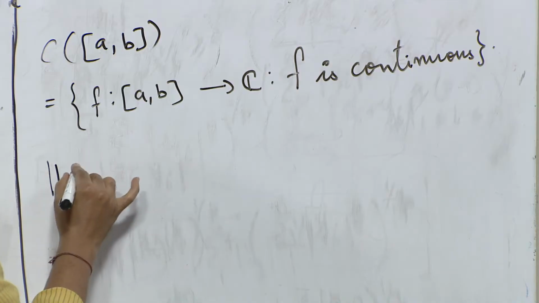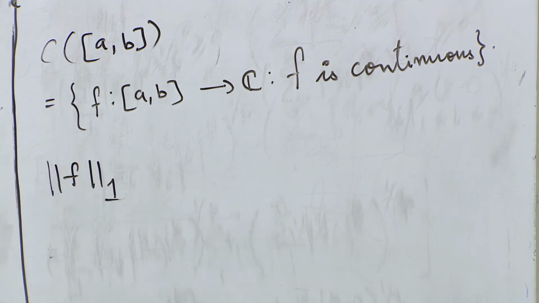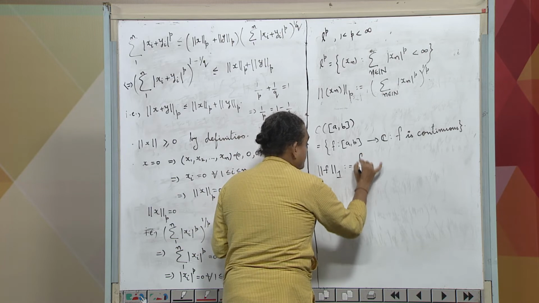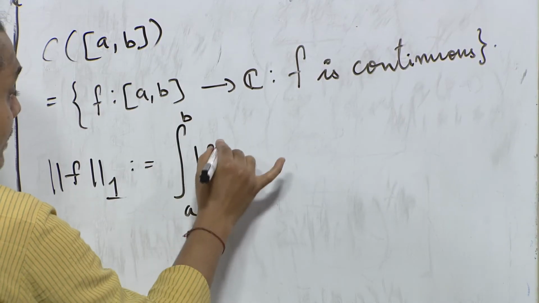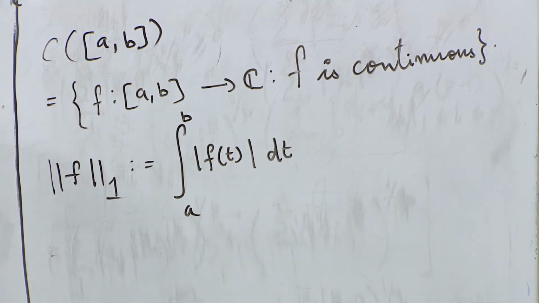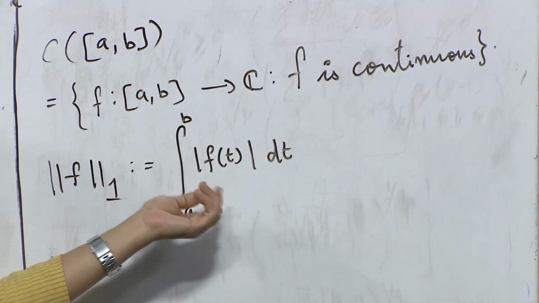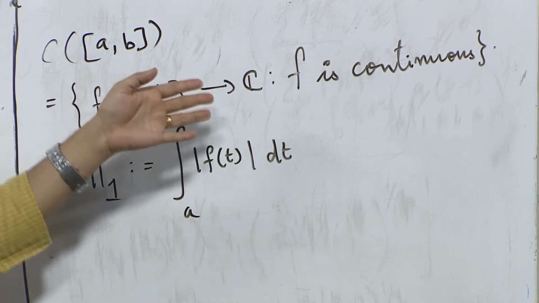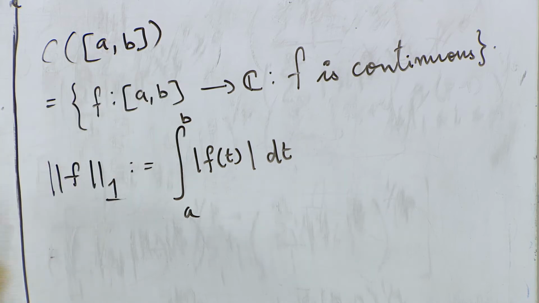Now, let me define a norm. As usual, we are going to have a whole range of norms on this space. First one is integral a to b mod f(t) dt. The classical Riemann integral, which you have learned from your calculus, again should tell you that every continuous function is actually Riemann integrable, and therefore this makes sense.